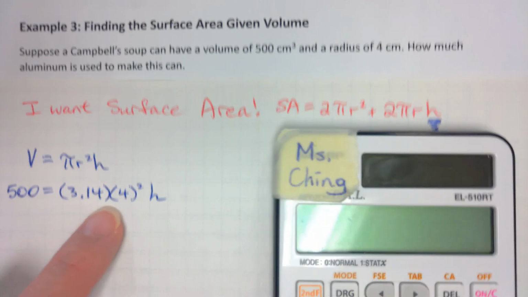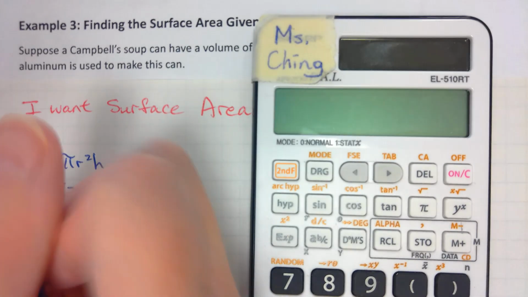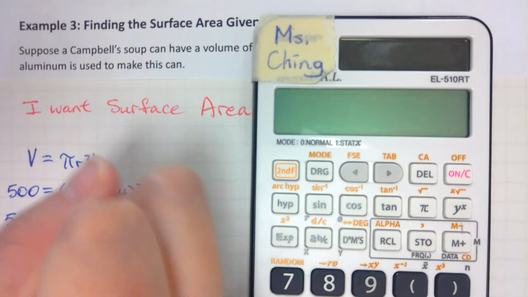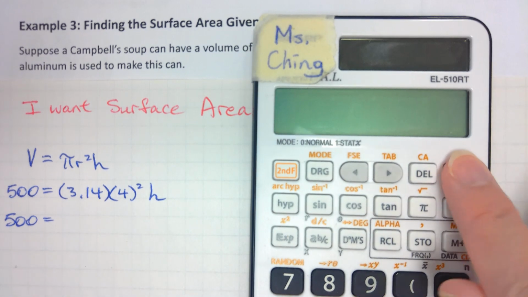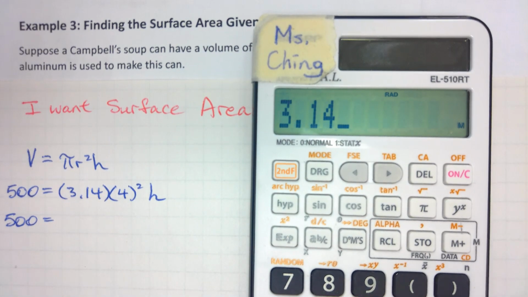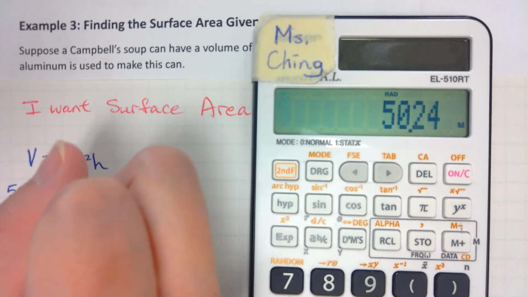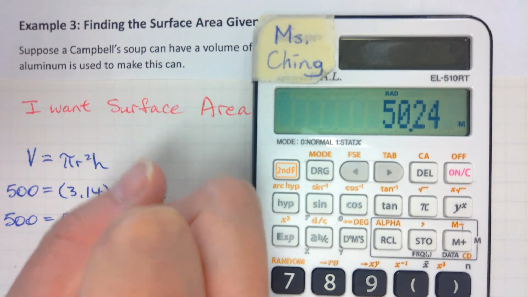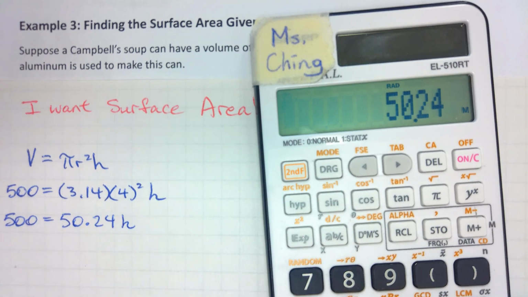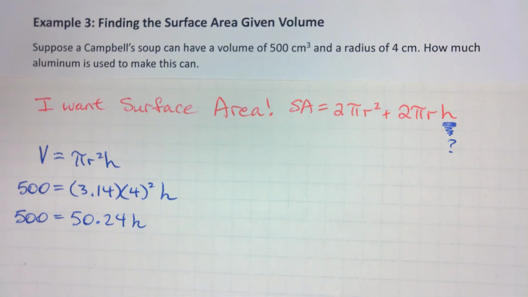So I can figure out what this side is first. So 500 equals 3.14, oops, I should turn on my calculator, 3.14 times 4 times 4. So I get 50.24 h. How do I solve for h now?